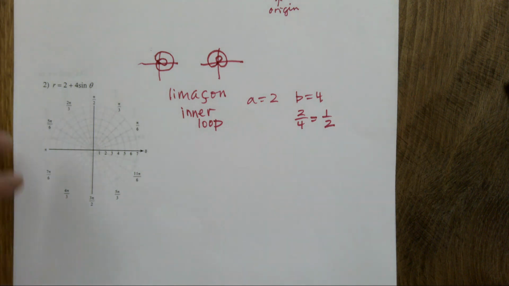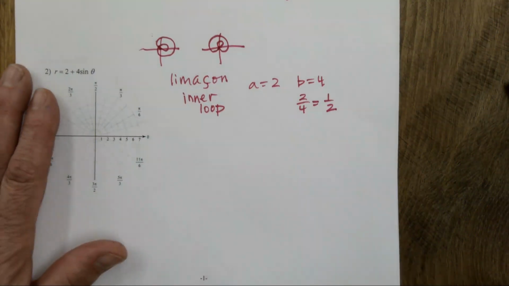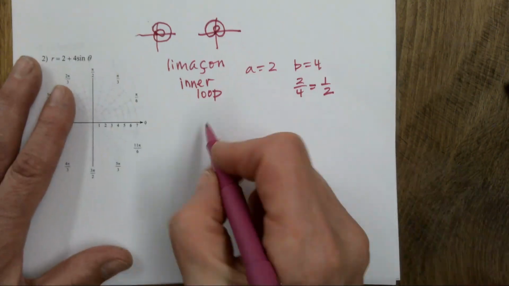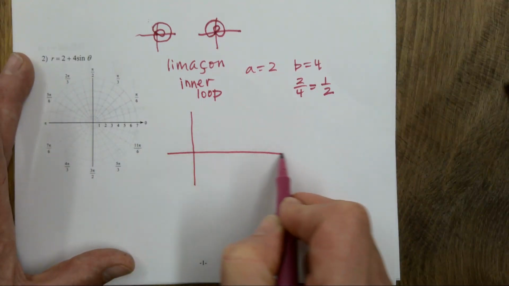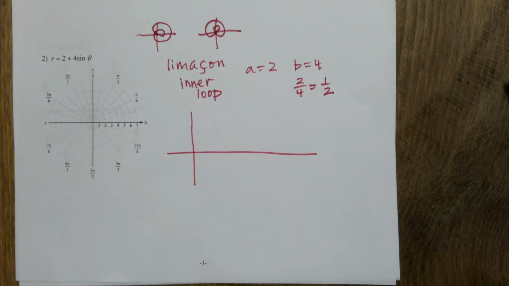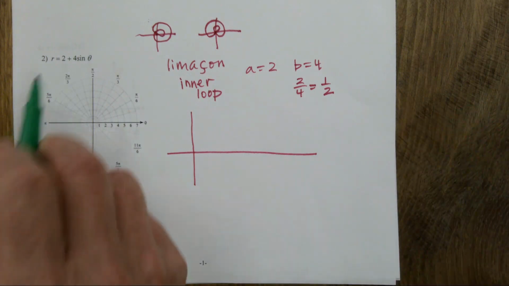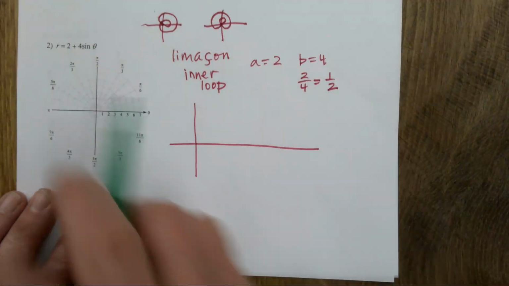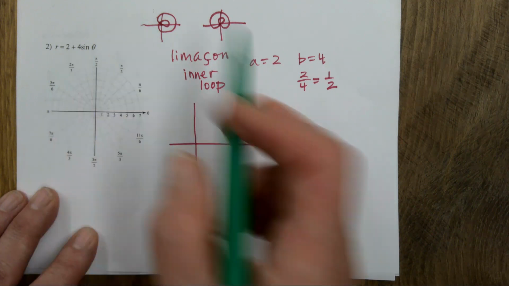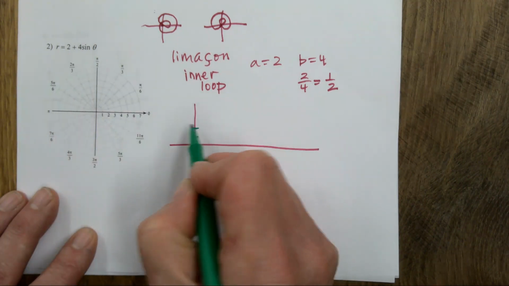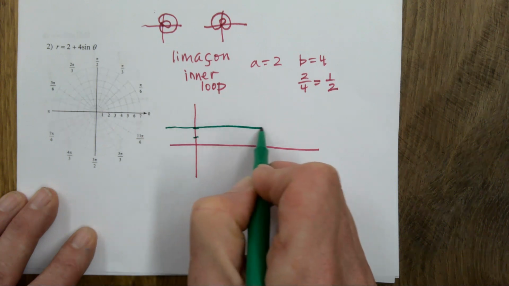So let's get our graph going. I know what it's supposed to look like. Now I need to get some of my points. So this graph is a sine, nothing done to the angle, vertical shift of 2. So that's my new center.